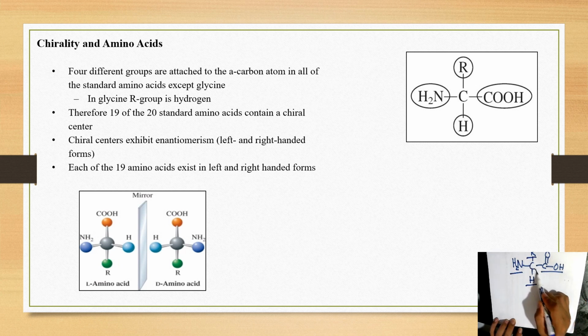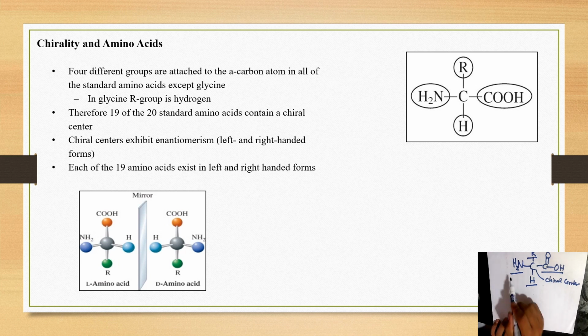Therefore, this carbon is a chiral center. Since this carbon is chiral, the amino acid exhibits a pair of enantiomers.